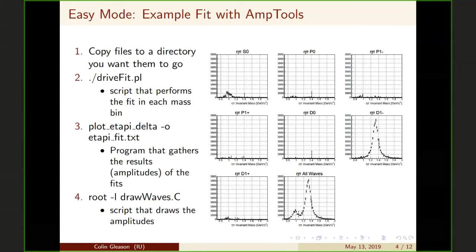There are technical things like writing scripts to make it easy, but then there are intellectual things like what the important variables are. JPAC has a paper in the final stage of review where they talk about moments that incorporate polarization into a combination of eta pi moments that also account for photon polarization and are sensitive to exotic production. So there's a lot of open discussion about the best way to go about analyzing this. But I think the AMTools framework is flexible enough that we can do these different things.